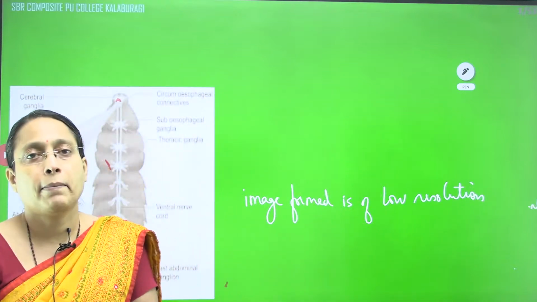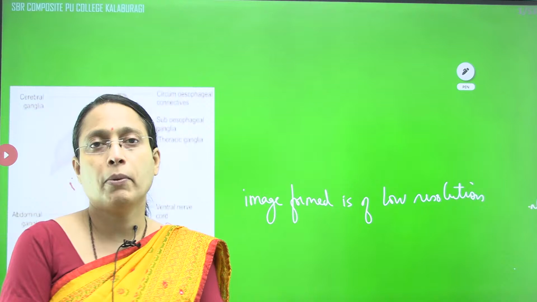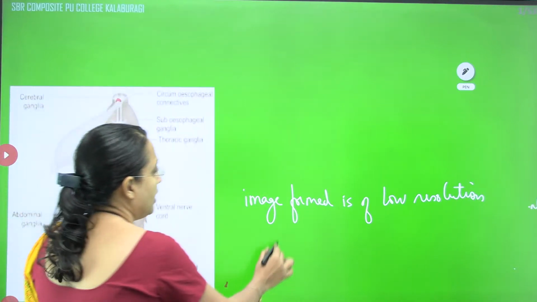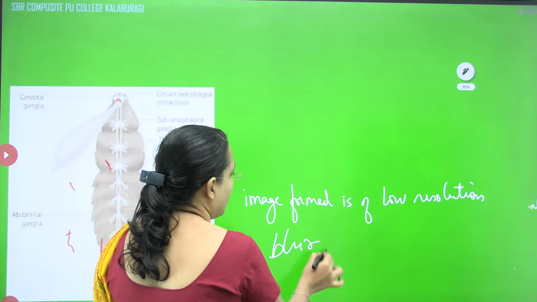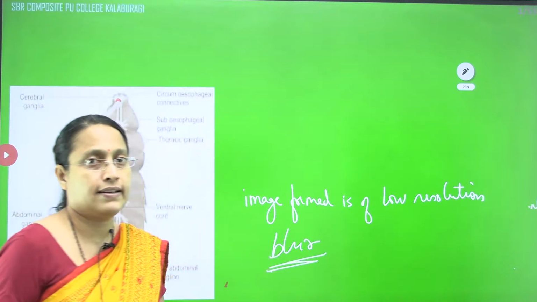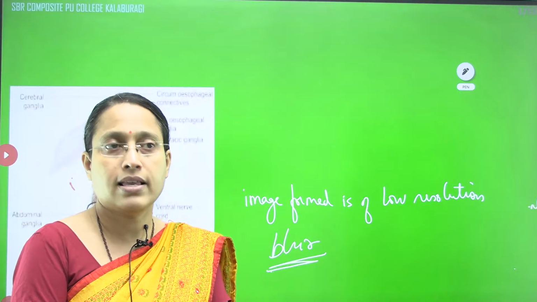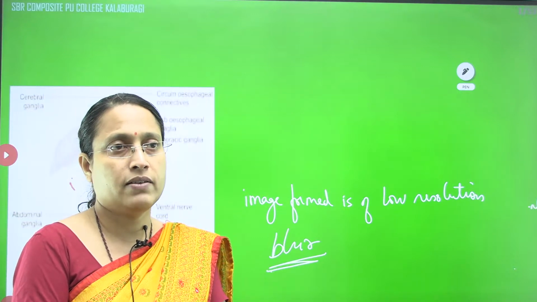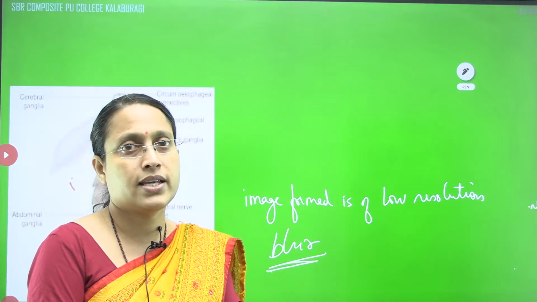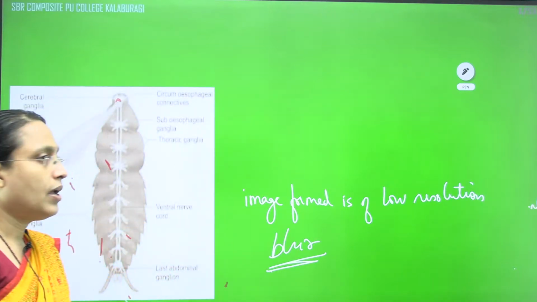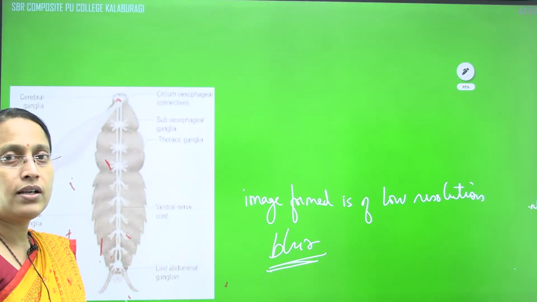Because of overlapping, such an image is also called a superposition image, and because it is of low resolution, the image will be blurred. It's not clear, but it can detect light very easily. Even a minute amount of light, or very low intensity of light, it can easily detect. So that is about the compound eyes.